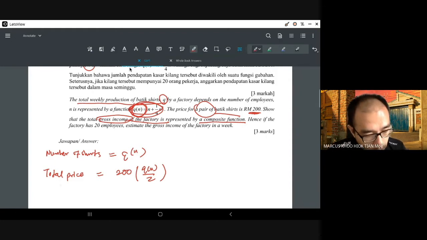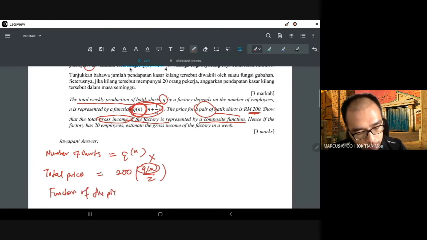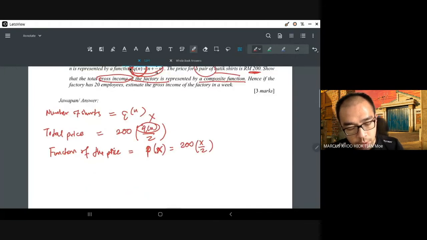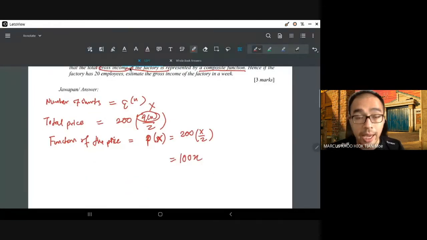Okay, so let's say this Qn, saya kasih ganti dengan x bahkan. What would my function of the price be? Let's call it Px lah. Px equals to 200 x over 2, which will be actually 100x.